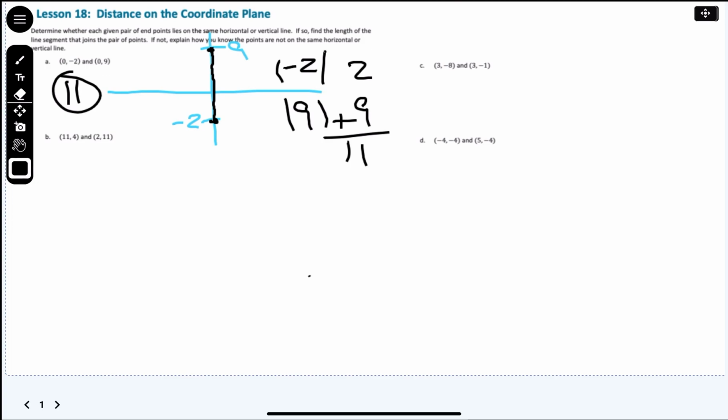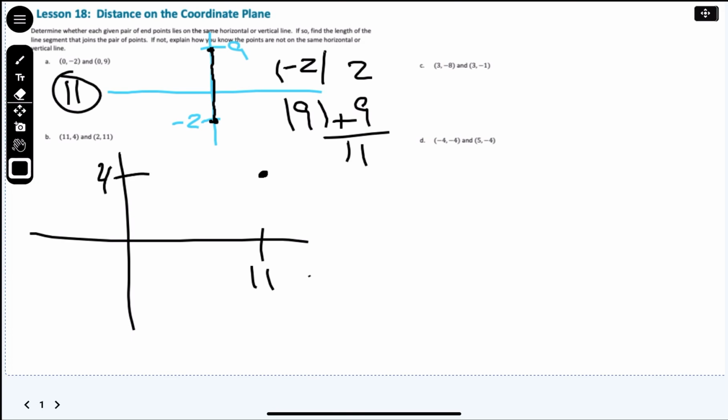All right. Look at B. We have (11, 4) and (2, 11). So if I draw this, I would have 11 over here and go up 4. Then I have 2 and 11, which is way up here. So that's definitely not going to be a vertical or horizontal line, right?